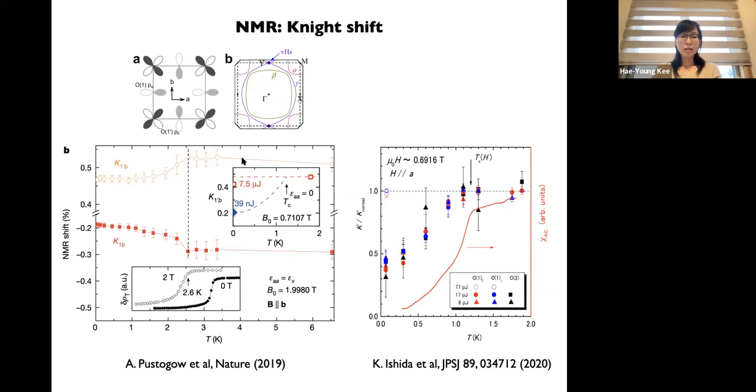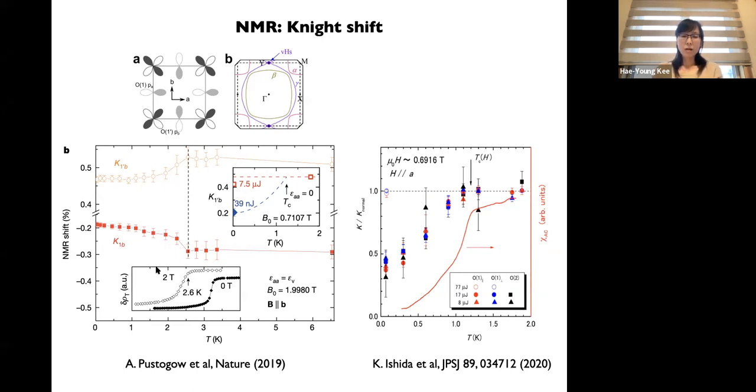And notice that the Knight shift actually drops. Here is the TC and the Knight shift on one of the oxygen sites, and this is the Knight shift on another oxygen site, like O1 and O1 prime. These are two different oxygen sites, and in both cases the Knight shift has a reduction.